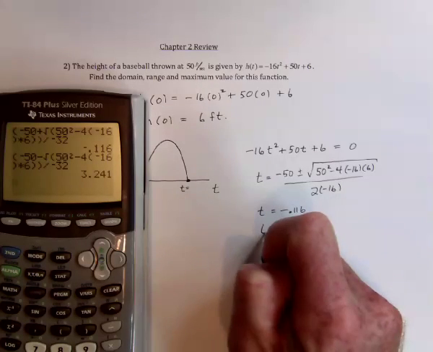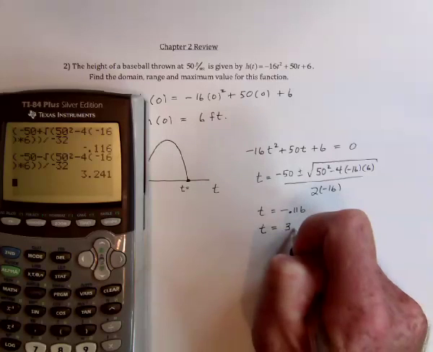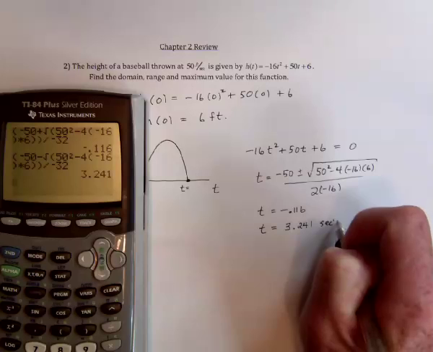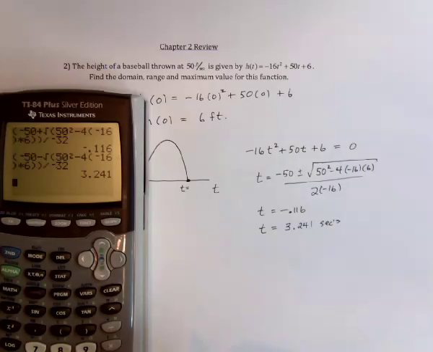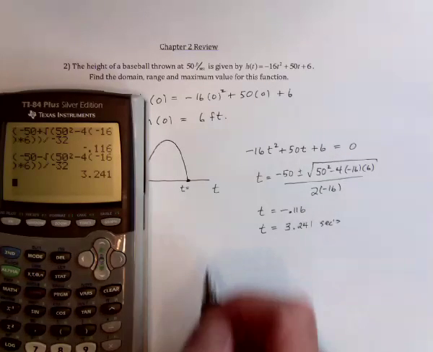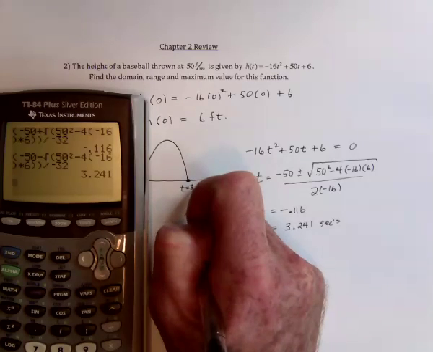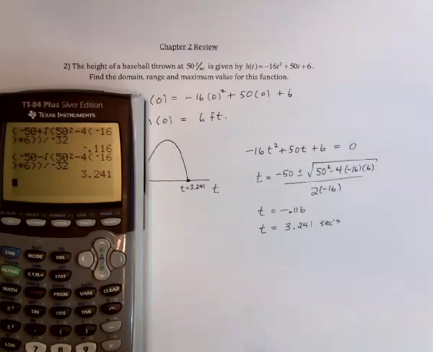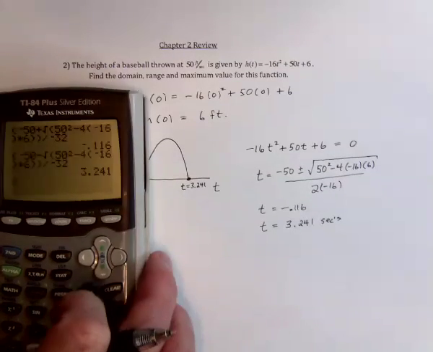And then it says 3.241 seconds. Alright, so that's when it's going to land on the ground, 3.241 seconds. And so now we have the domain.